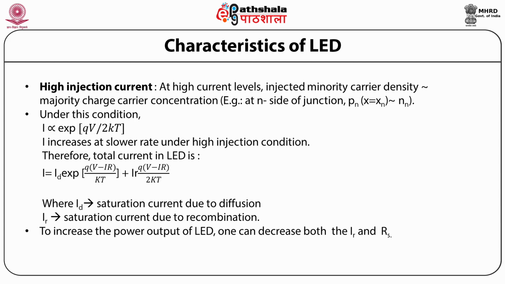Therefore, the total current in the LED is I equal to I D exponential q (V minus I R) by k T plus I R exponential q (V minus I R) by 2 k T, where I D is the saturation current due to diffusion and I R is the saturation current due to recombination. So to increase the output power of the LED, one can decrease both I R and R S.